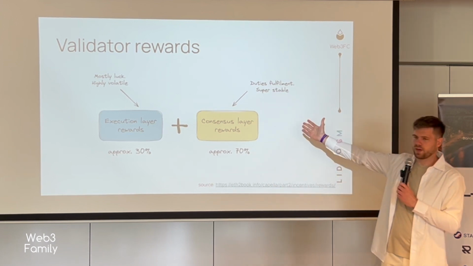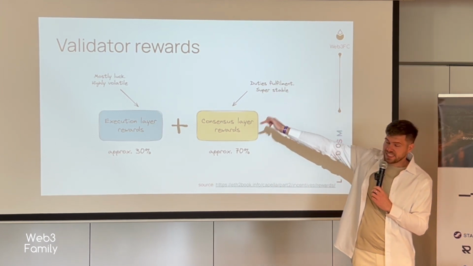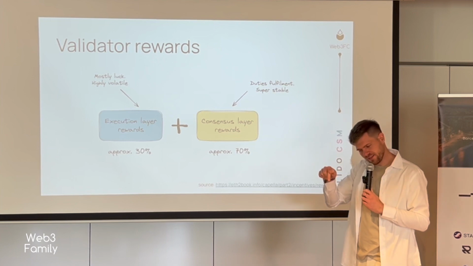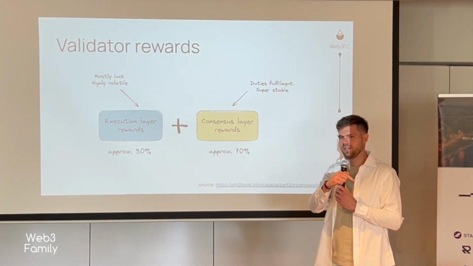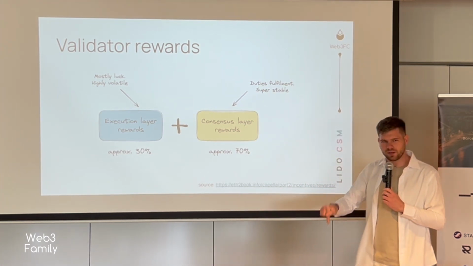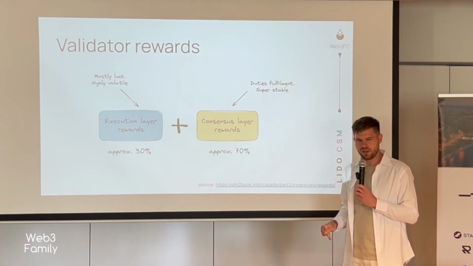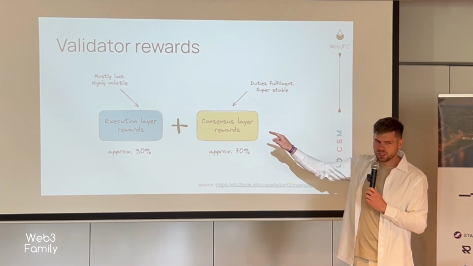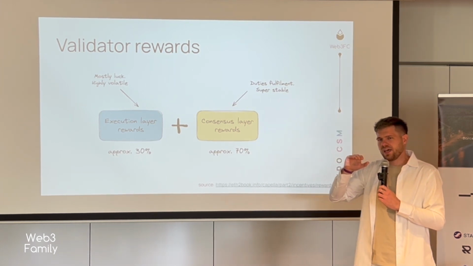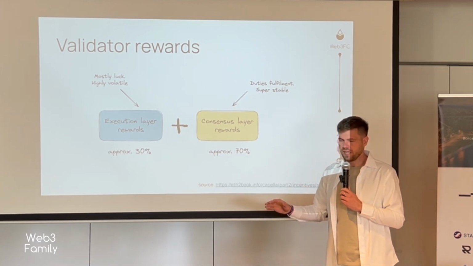So, super fine here. But the second part, and if you were in this audience yesterday when Paul was talking about MEV, you probably know that the execution layer rewards are a hell of a lottery.